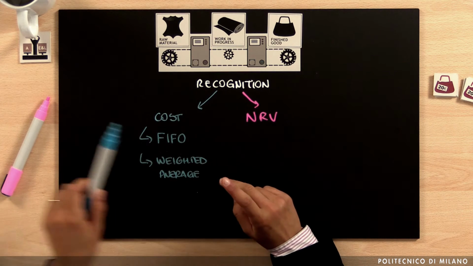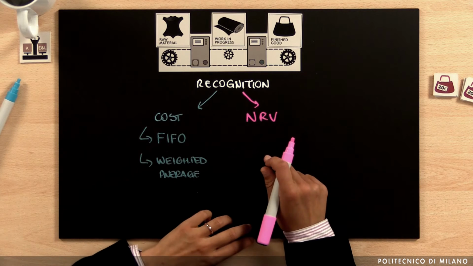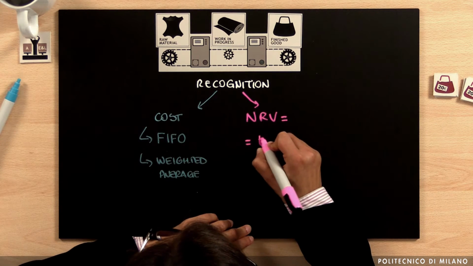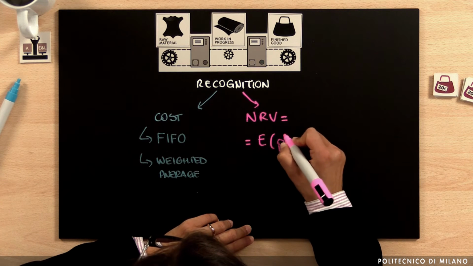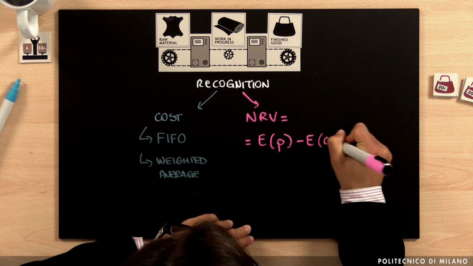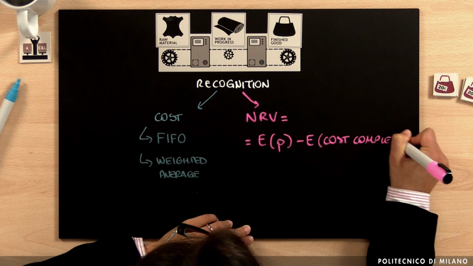On the opposite instead, it is possible to use the net realizable value by calculating the value of the inventories as the difference between the estimated selling price of the finished product minus the estimated cost of completion of our inventories.